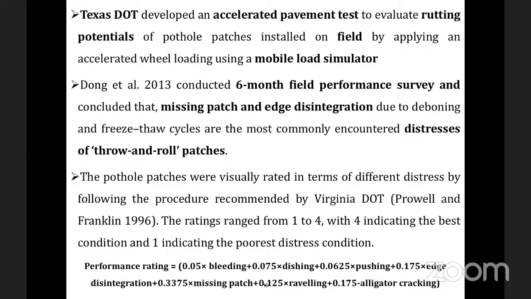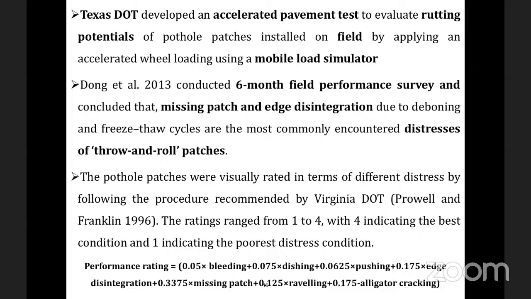Recently, Texas DOT, with the help of researchers like Dong et al., did a 6-month field performance survey, and they concluded that missing patch and edge disintegration are common distresses, and these happen due to freeze and thaw cycles and debonding. These are the most commonly encountered distresses in throw and roll patches.